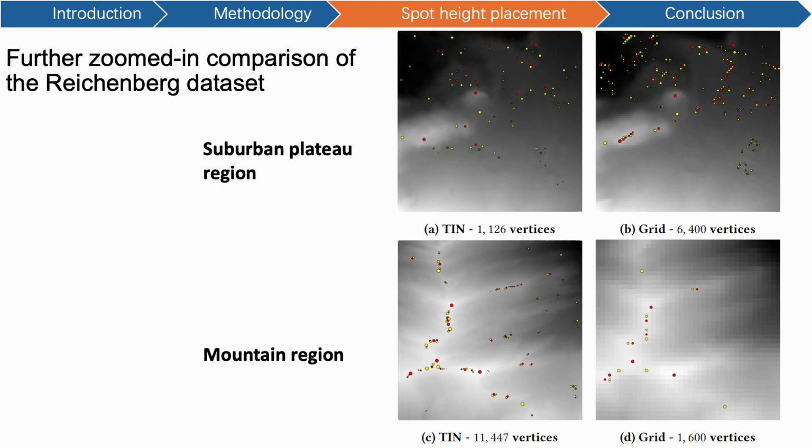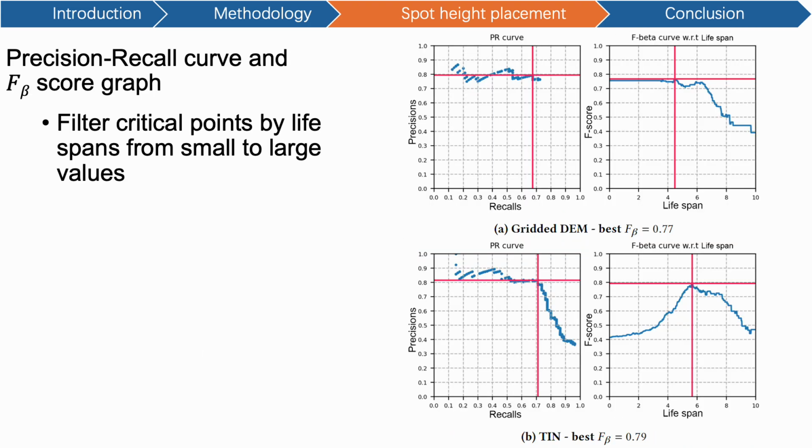Here we zoom into 2 different regions in one of the datasets. As we can see, with the adaptive resolution, we allocate many more vertices in the mountain region where prominent critical points exist. And for the plateau region, we have a rough TIN for insignificant critical points. We also compare the precision recall curve and F-beta score here.